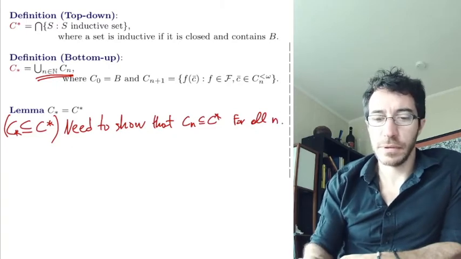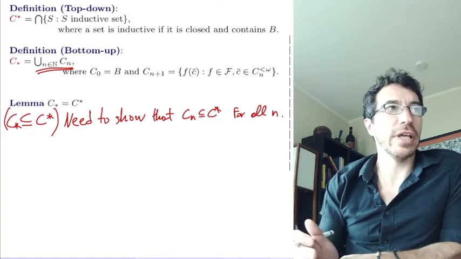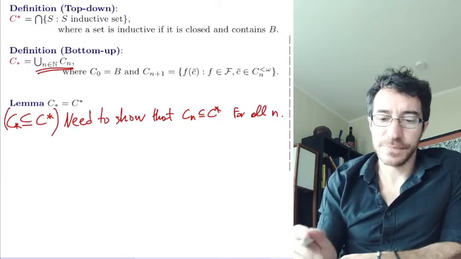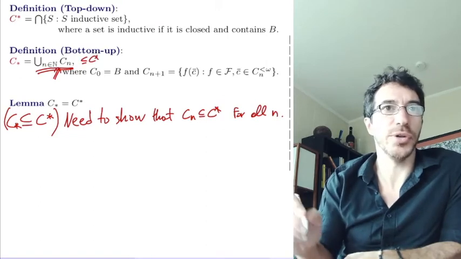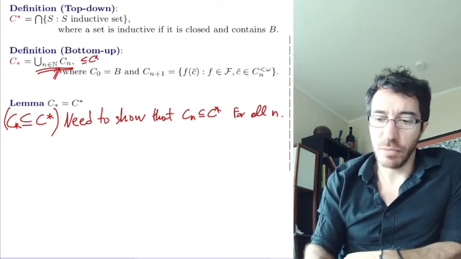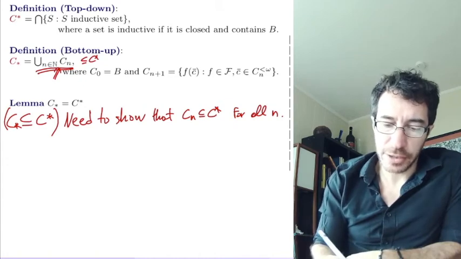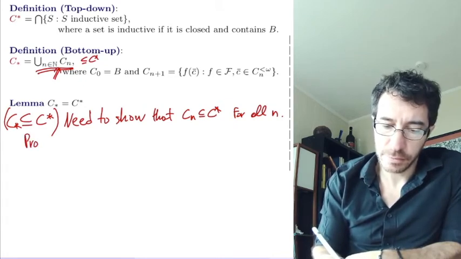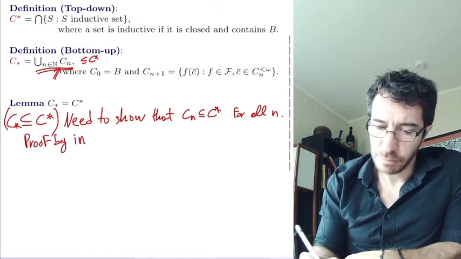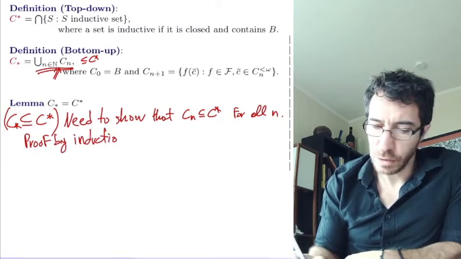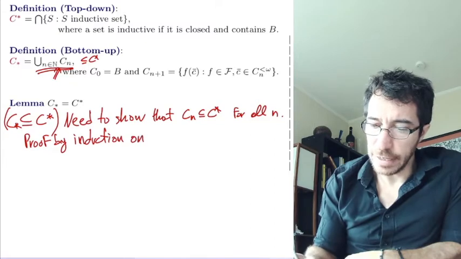Because if each of them is included in C star, then the whole union is included in C star. So why is that? Well, you prove it by induction on n.